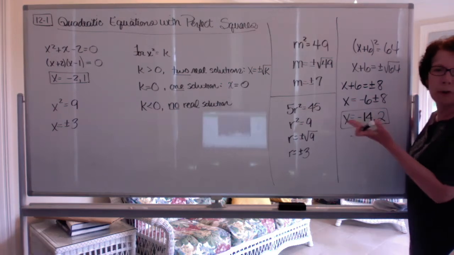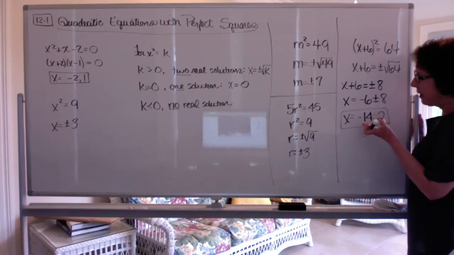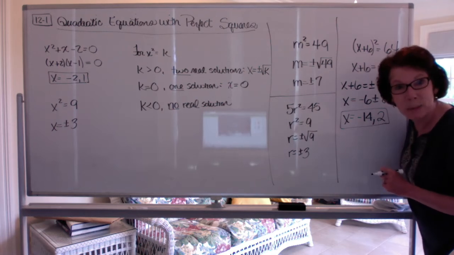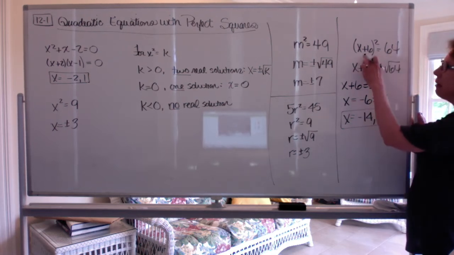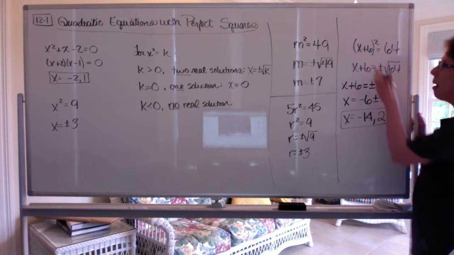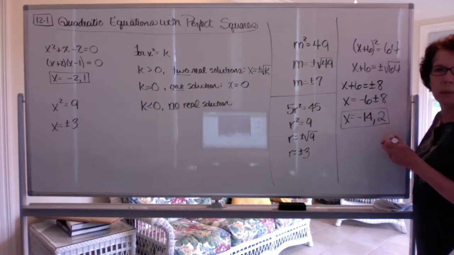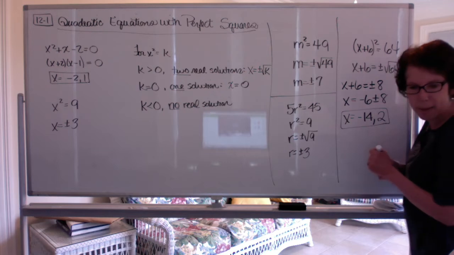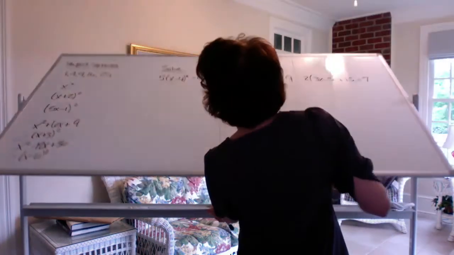Most of the time, you'll put your smaller value before your larger value, but I'm not going to be picky about that, especially this year. If you were to put negative 14 and positive 2 in here, you would see that both of them squared gives you a positive 64. Okay, let's go to the flip side now and see what we have.